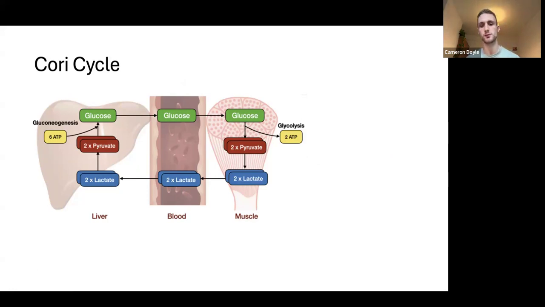This is a way of recycling lactate produced from anaerobic respiration in a whole variety of tissues. Specifically, this is quite a simplified diagram explaining the production of lactate from muscle. The lactate then gets taken through the bloodstream back to the liver, where it's converted back to glucose through gluconeogenesis, and this pathway can then cycle through.